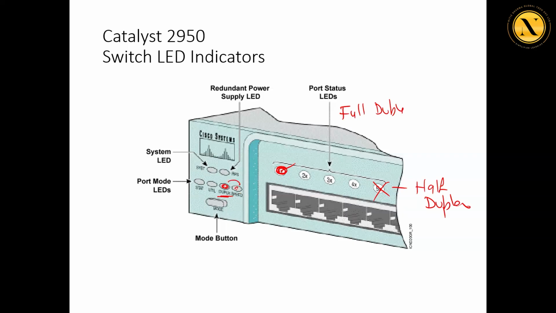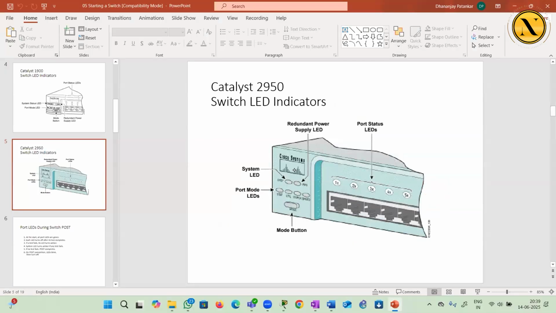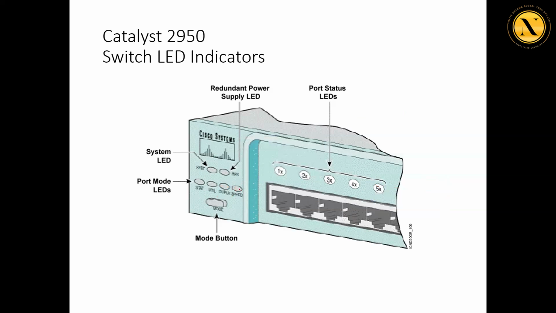The LED will move now here. This will be green, right? Speed. Okay. Now only this LED will be green. And if there is no LED, nothing is here, it's not green, that means it is on 10 Mbps, right?